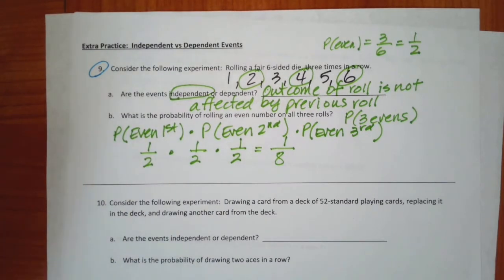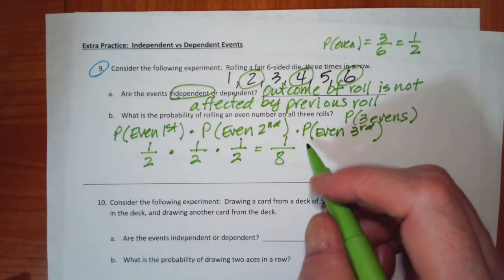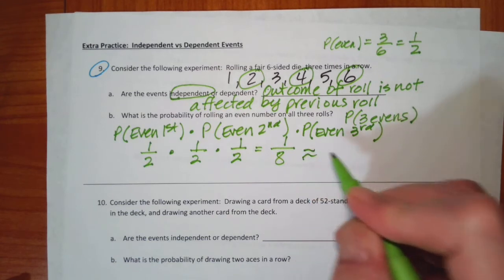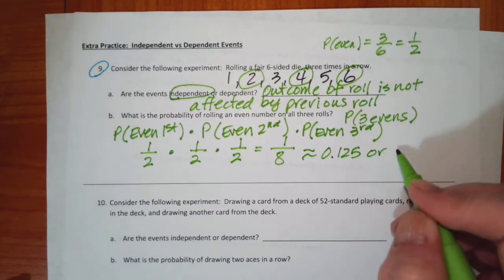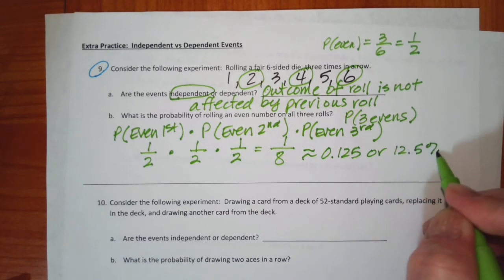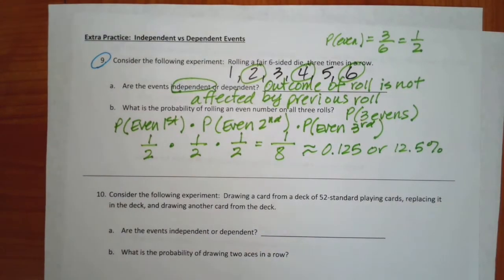Now once again, this can be changed to a decimal, 0.125 or 12.5%. So just read the instructions and see if you're supposed to leave it as a fraction or an unreduced fraction or whatever's going on.